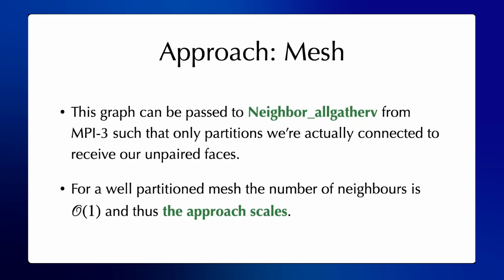And for a well-partitioned mesh, the number of neighbors that each rank has is in general of order 1. This approach scales beautifully, just using neighborhood collectives to distribute the data to people that may actually have a chance of responding. So, with neighborhood collectives, we can very efficiently do the interface pairing at runtime with relatively little overhead.